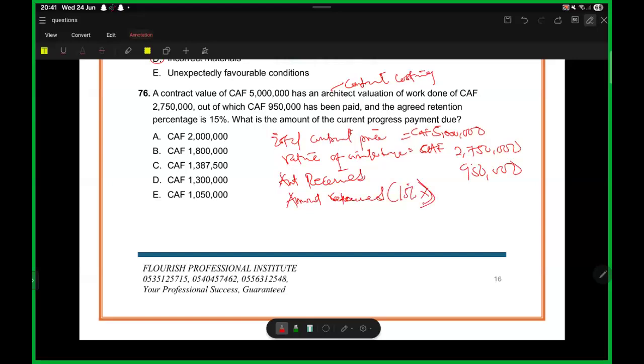So what is 15% of the work done? The 275 something. I'm getting 412,500. Am I correct?